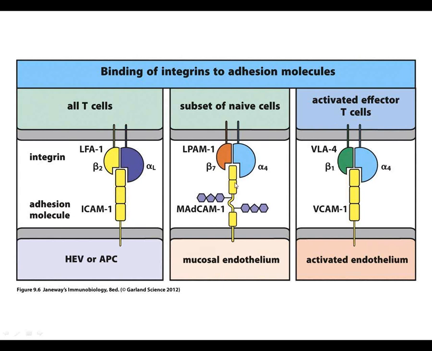I'm pointing out this one because this is actually the only set of subunits that I see named specifically. Alpha 4 beta 7 binds to MADCAM1 on the mucosal endothelium. I bet the MA is mucosa associated, although I don't know that for sure. Alpha 4 beta 7, MADCAM1 at the mucosa. So this is an interaction, and I would know this interaction, and I would know it's alpha 4 beta 7. I have rarely heard LFA1 or VLA1 called by its CD marker or by its subunits.